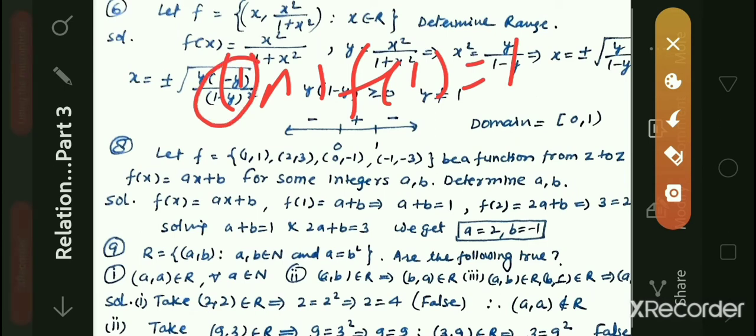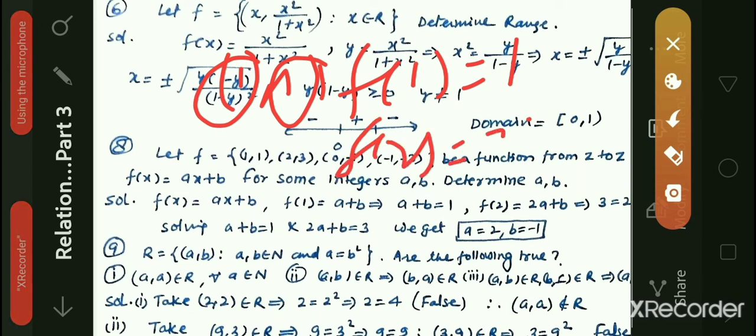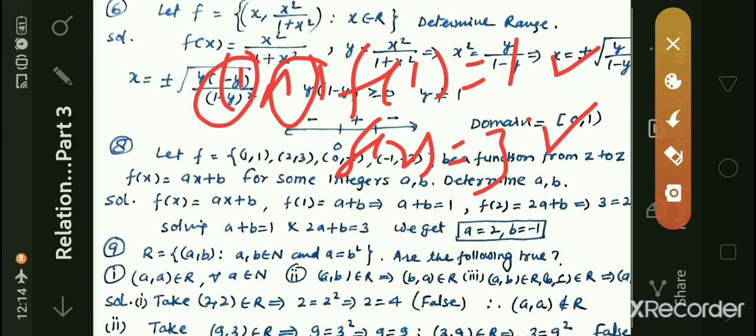The first one is the domain and the second one is the range. So f(1) is 1, and in the second, f(2) is 3. So just put x equal to 1 in the first case and x equal to 2 in the second case. You will get two relations, and after solving that you will get the desired a and b.